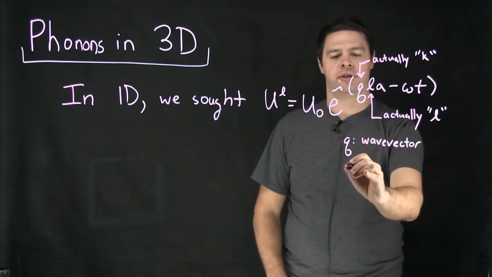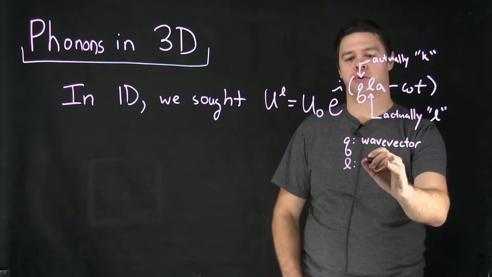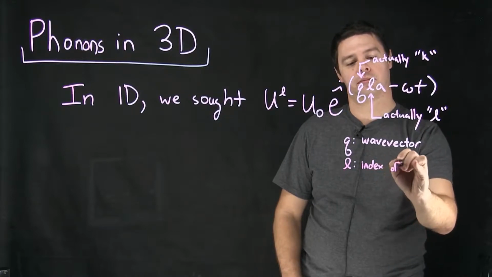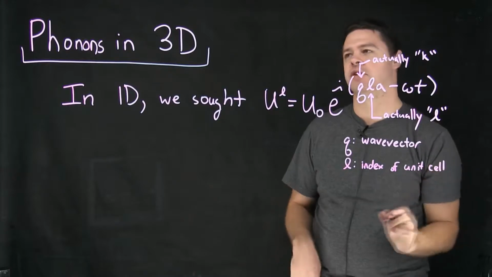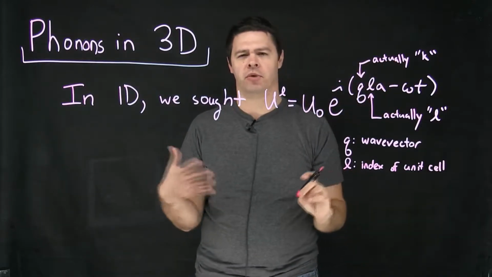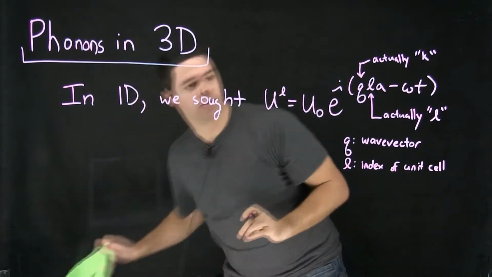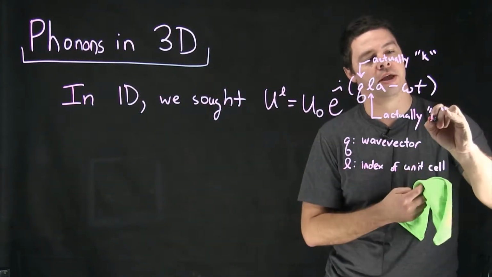Let's see, and the other thing is that I'm going to use this. l was essentially a way for us to index the unit cell. Previously we had called it n, I'm sorry, I wrote l here, but what I meant was that previously I had called this n.